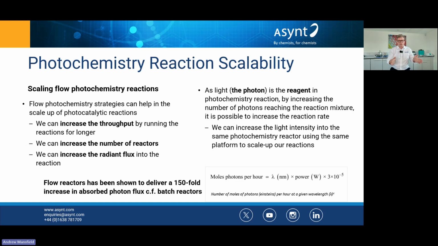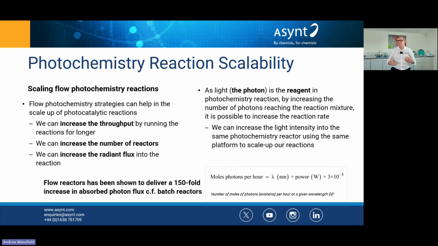We can scale out. We can use multiple reactors that will still see the same reaction conditions, but enable us to increase our output. If we increase the radiant flux, the intensity of our photons into our reactor, we can potentially, as light is the reagent, decrease our reaction times as well.